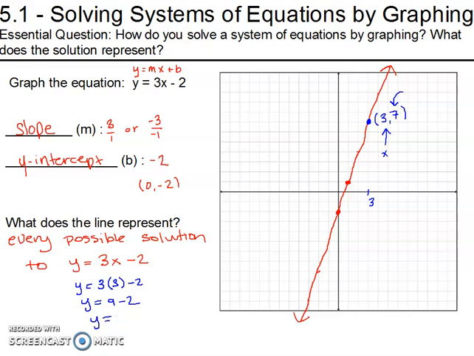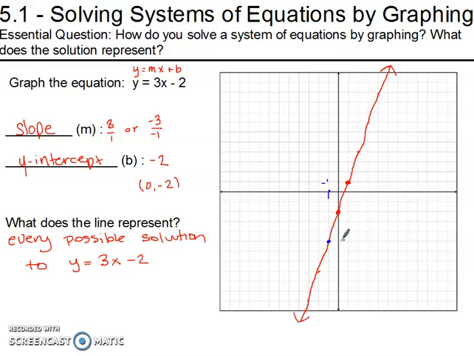I'm going to go ahead and do this one more time just to make sure we're comfortable with the concept. I'll do a negative x value this time. Let's say I've got an x value of -1. The point on that line with an x value of -1 has a y value of -1, 2, 3, 4, and 5.